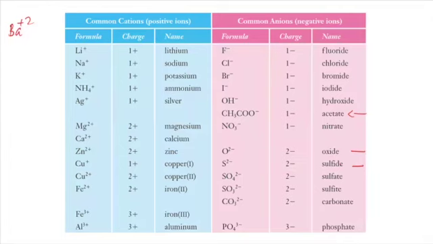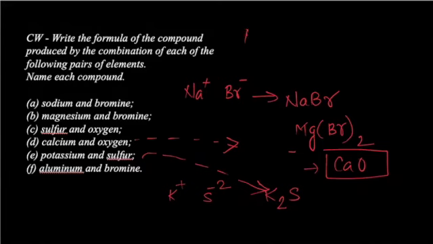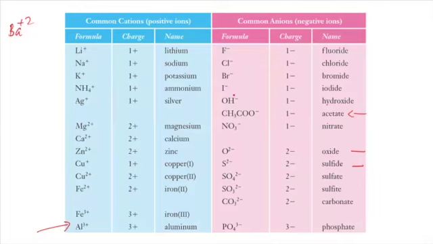Aluminium and bromine. Where is aluminium? 3+. Okay, aluminium is 3+. So we have Al+3, and bromine is bromide, right? Br-.